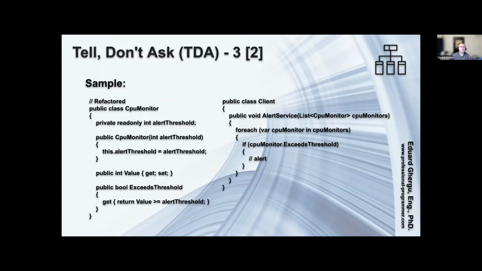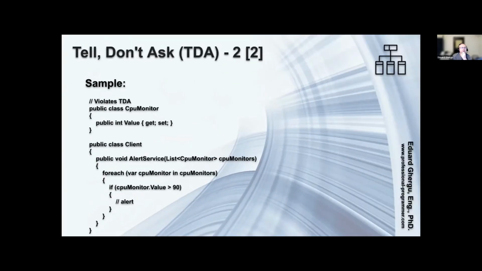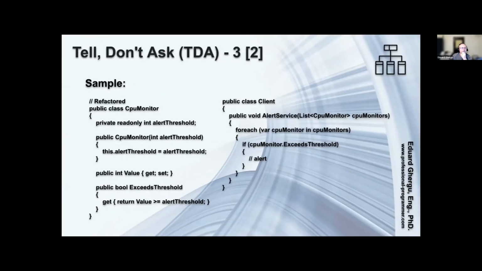We still have the value, and it's a property that will return a Boolean result if the condition is true, as we have seen. It's compared with 90. Here it's greater or equal, but it doesn't matter, it's just a detail.